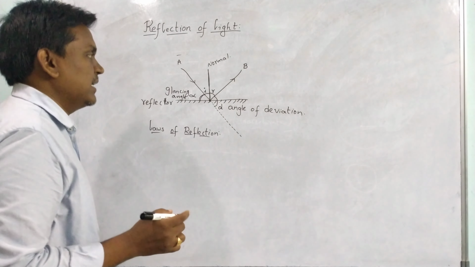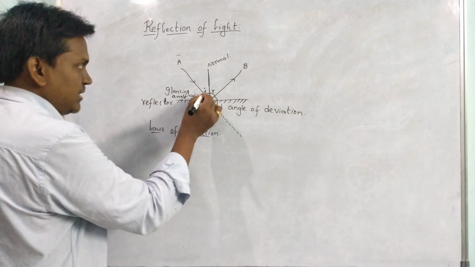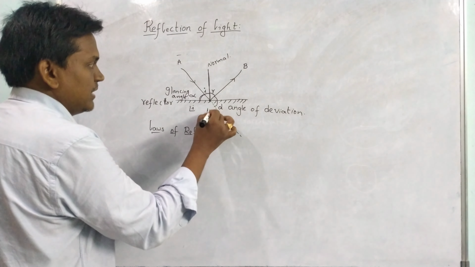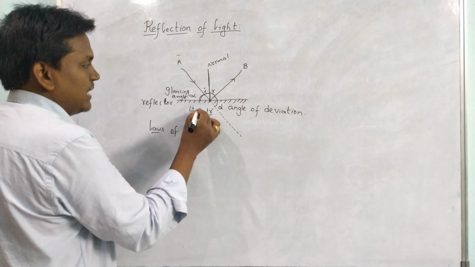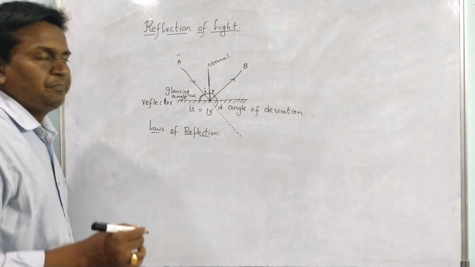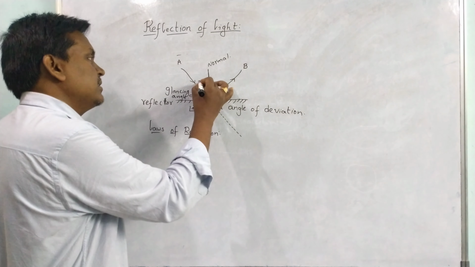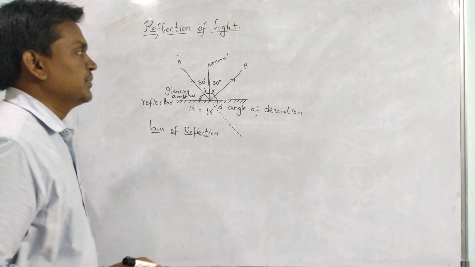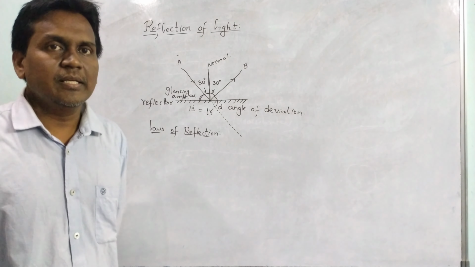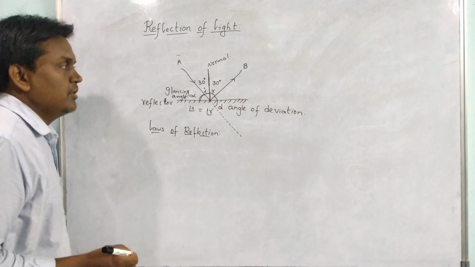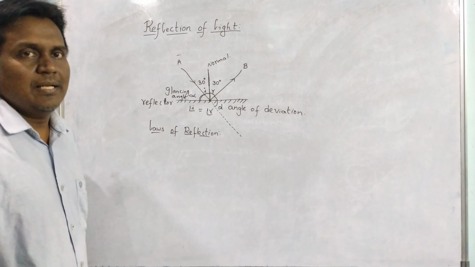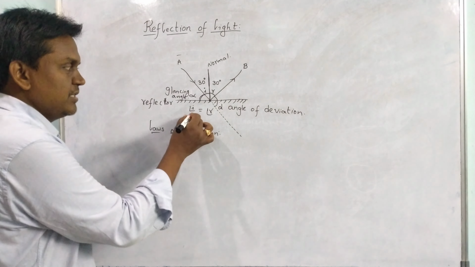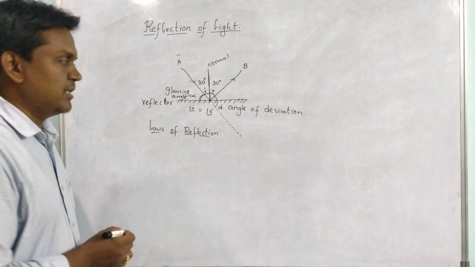Coming to the second law, this is the angle of incidence I, and this is the angle of reflection R. Angle of incidence I is equal to angle of reflection R. If the angle of incidence is 30 degrees, then the angle of reflection will also be 30 degrees. If the angle of incidence is 45 degrees, then the angle of reflection will also be 45 degrees. So that is the second law of reflection: the angle of incidence is equal to the angle of reflection.